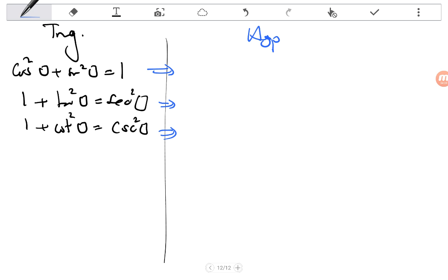A general rule: whenever you find a term which is a multiplication of two sines or a multiplication of two tans, just change its sign.